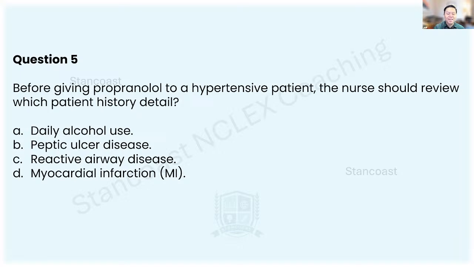Is it A, daily alcohol use, B, peptic ulcer disease, C, reactive airway disease, or D, myocardial infarction, or MI?